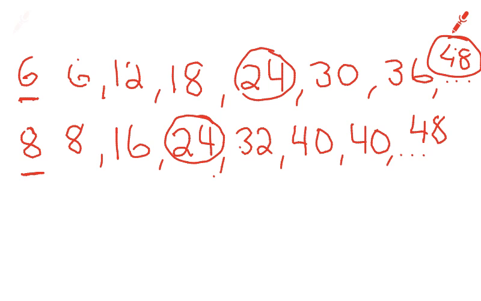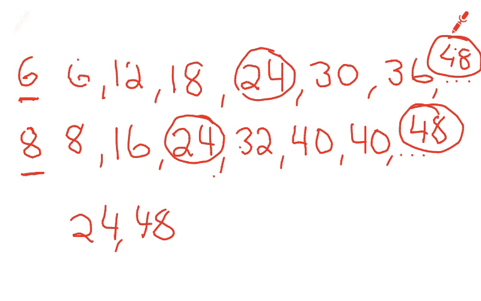And that would be another one that would be shared. You could write that down. So we have 24 and 48 for our common multiples. And then the next box is asking for the LCM, or the least common multiple. Well, out of these two, the lowest is 24, so you just need to write 24 in the box.